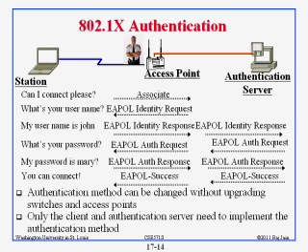Basically, the authenticator doesn't have to know anything. The only thing it needs to know is this one code, 3 or 4. What is code 3 and what is code 4? Accept and reject, right? That's all, success or failure.